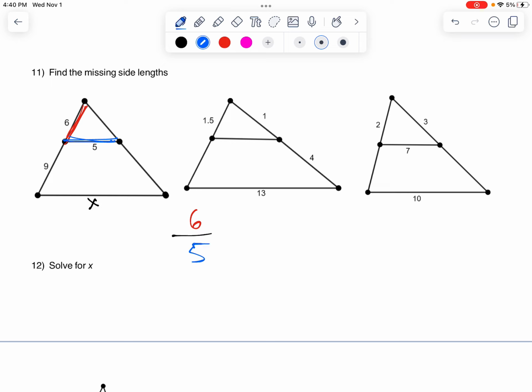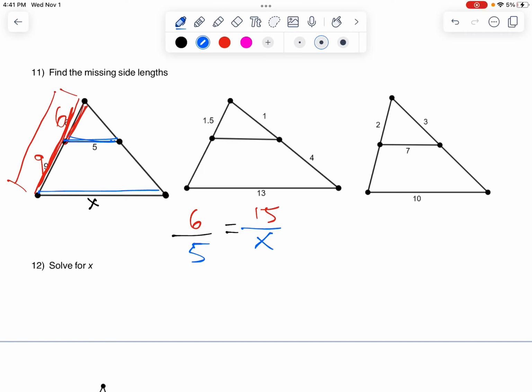So that's 6 divided by 5. Now side divided by base is equal to side, this whole side, divided by that whole base. Now that whole side is, this is a 9, this is a 6. The whole side is 15. So it's 15 divided by the base, which is x.